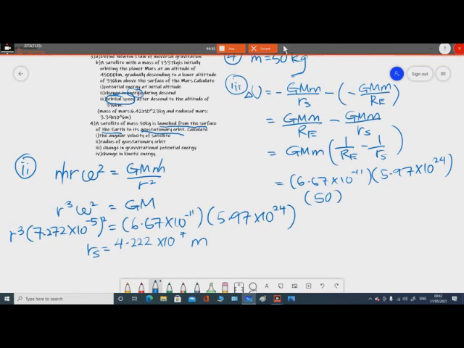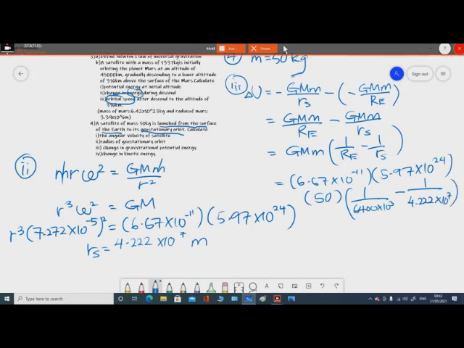This is the radius of the Earth, given as 6,400 times 10 to the power of 3, minus, the geostationary orbit we found just now, 4.222 times 10 to the power of 7.